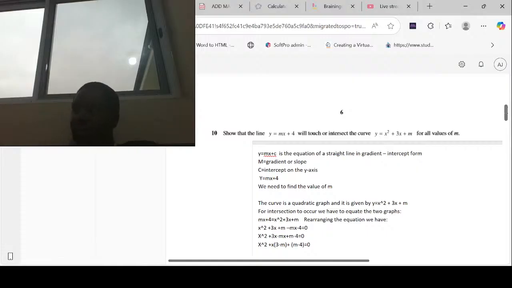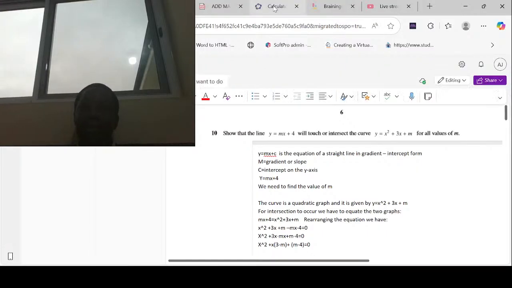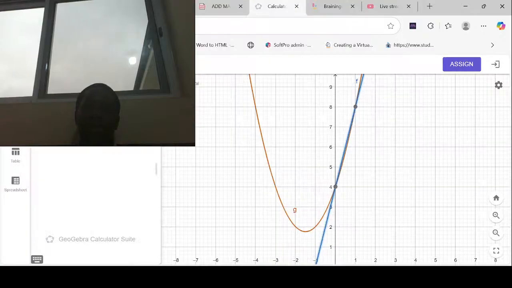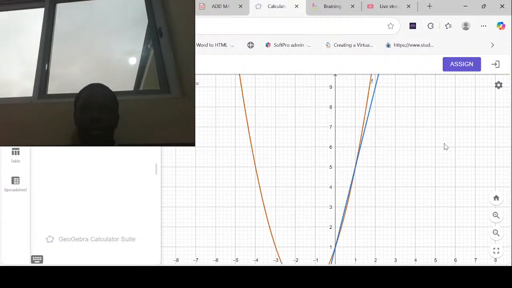Let's go to GeoGebra. Let's say we pick 1, changing to 1. Does it meet? It does, right? So any value you pick, it will always work. That's what the question is saying.